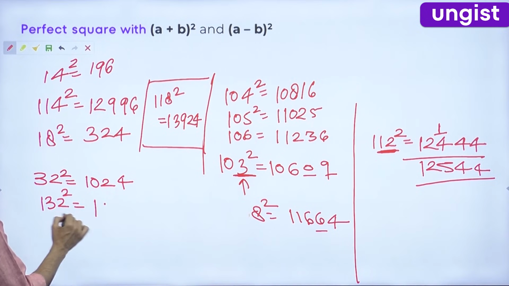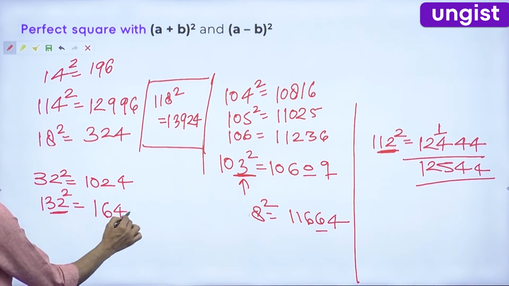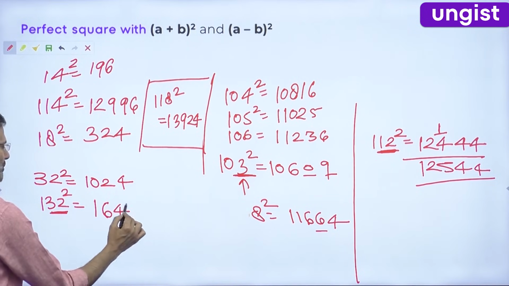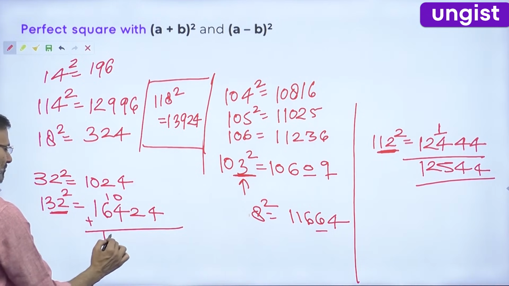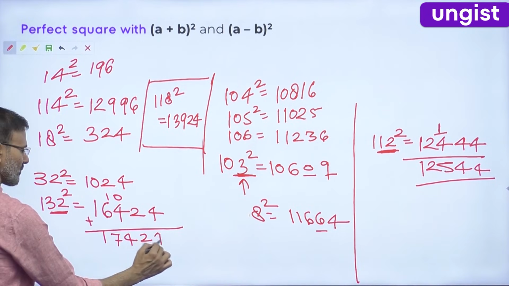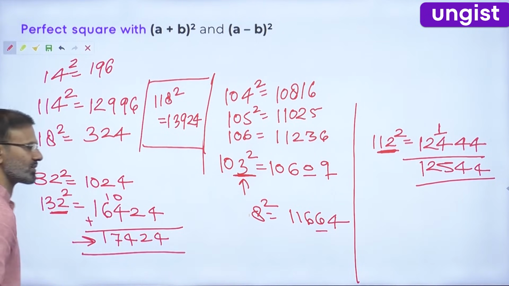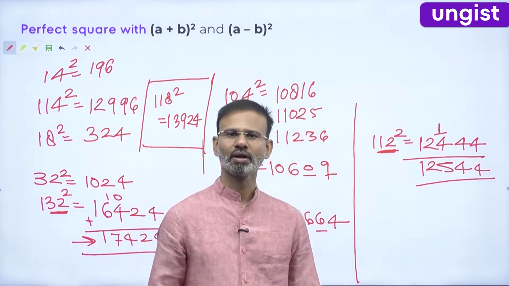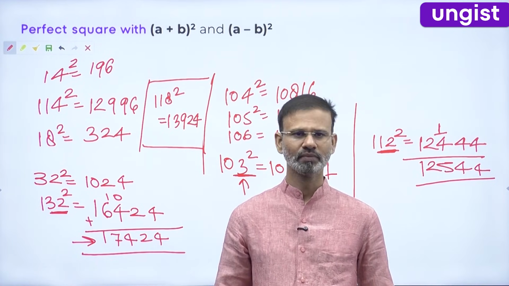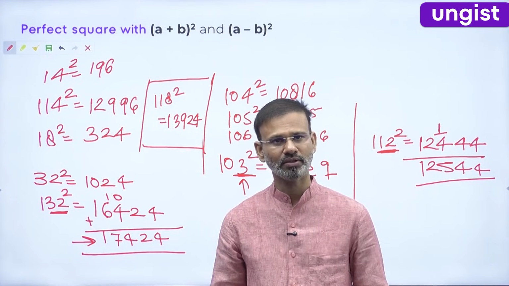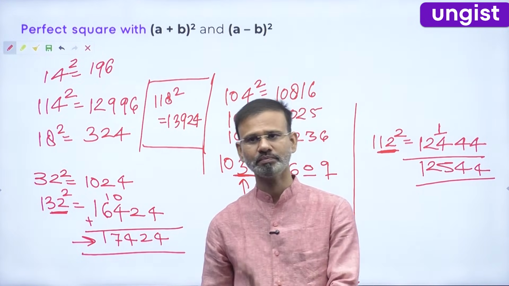See, 32 plus 32 will be 64 and 32 square is 1024. So 10 will be written here, 24 will be written here. So this will be 17424. Everybody, hope it is clear. Any doubt, anyone? Any confusion? No? Okay.